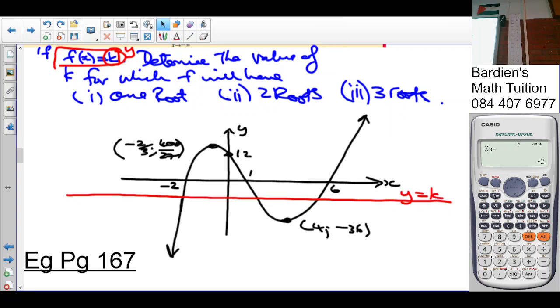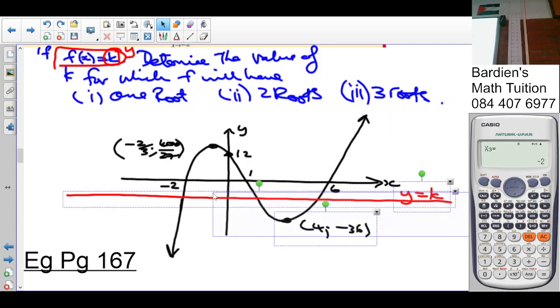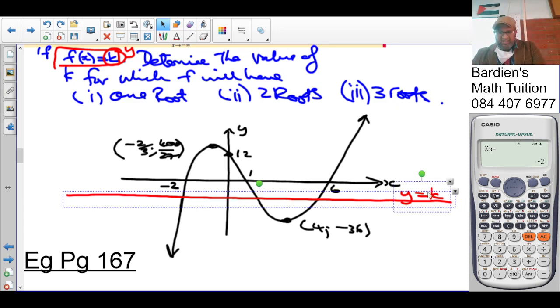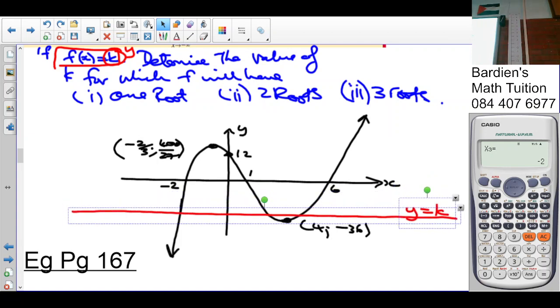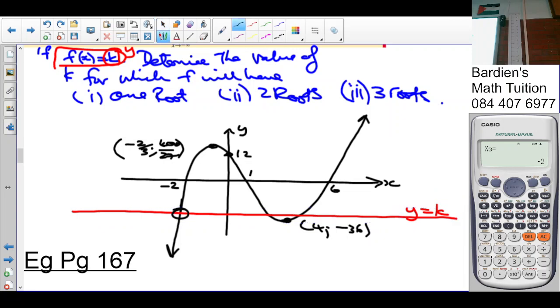If I put this line here, then how many roots will the graph have? 3 roots. There's 1, 2, 3. You all agree with that? So it's still 3 roots.